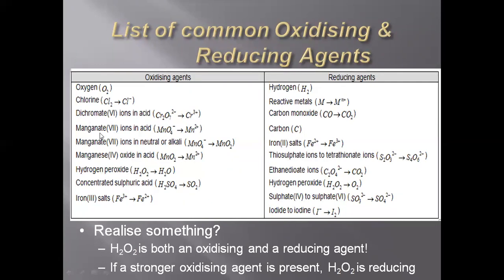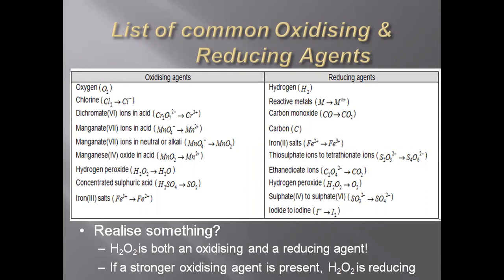Next are dichromate ion in acid, manganate(VII) ion in acids, manganate(VI) and (VII) ion in neutral and alkalis, manganese(IV) oxide in acids, hydrogen peroxide, concentrated sulfuric acid, and iron(III) salt. These are some oxidizing agents which you generally see in most reactions. They take part in common reactions generally.